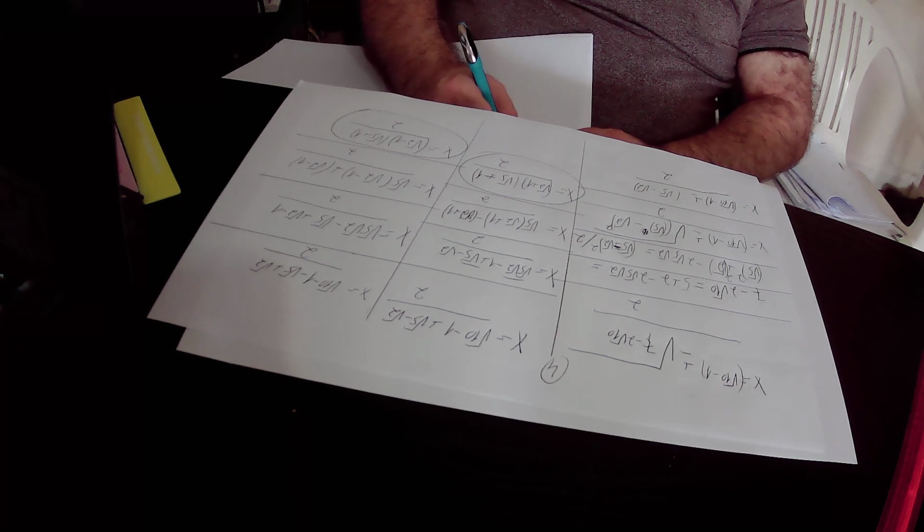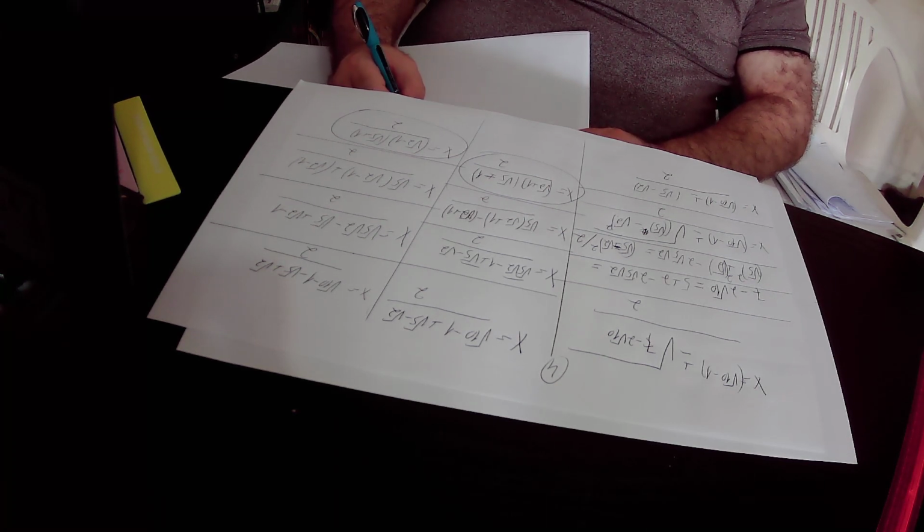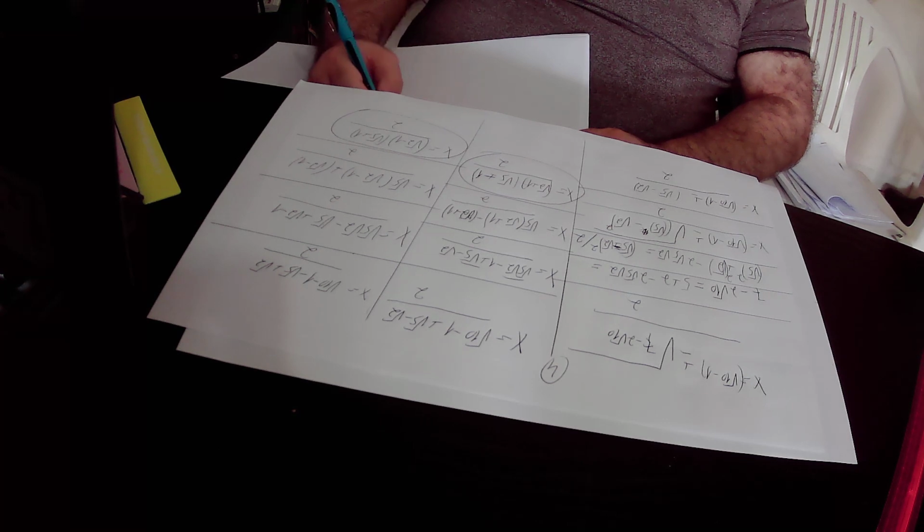So x1 times x2 will be equal to square root of 2 plus 1 times square root of 5 minus 1 over 2, times x2, that is square root of 2 minus 1 times square root of 5 plus 1, all divided by 2.